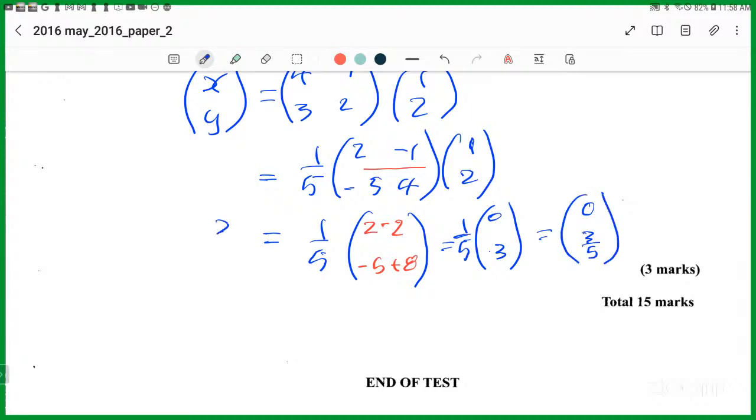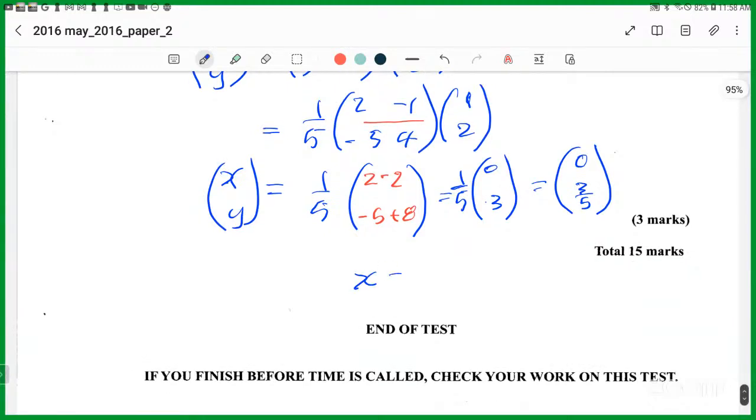So it is the xy that is equal to that. Explicitly stating x now: x equals 0 and y equals 3 over 5. And these are your answers.